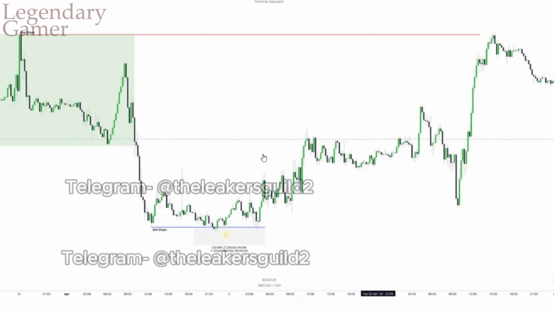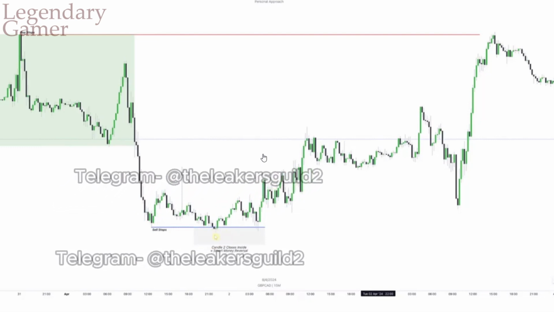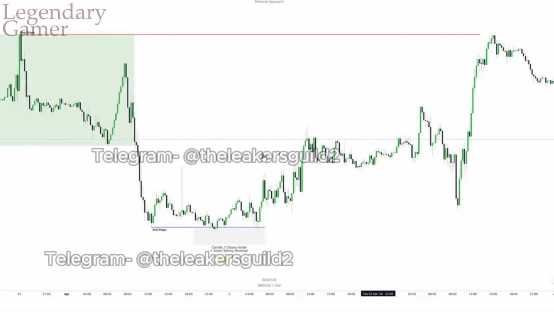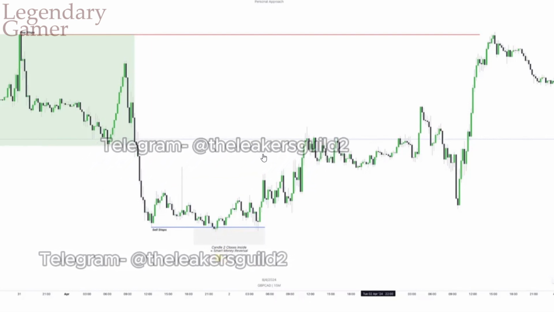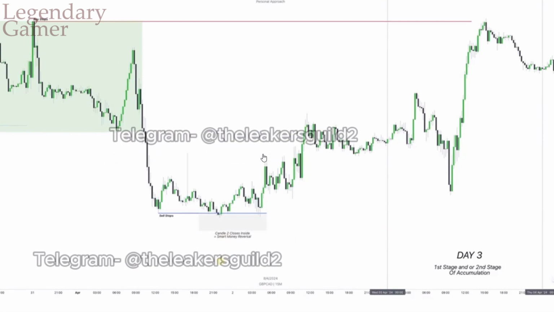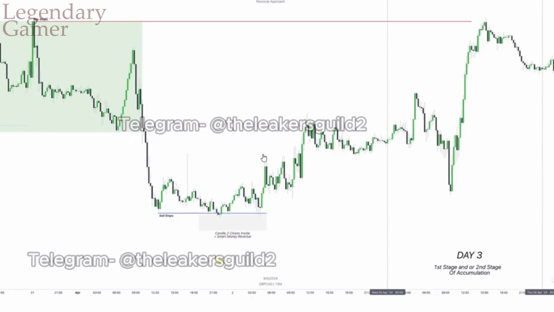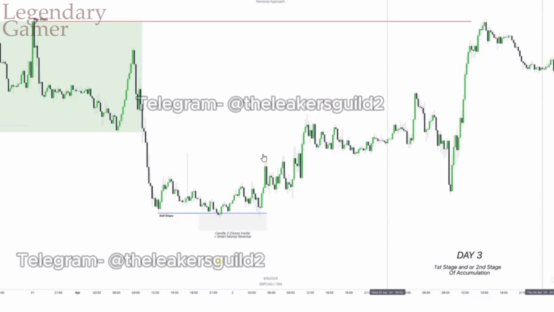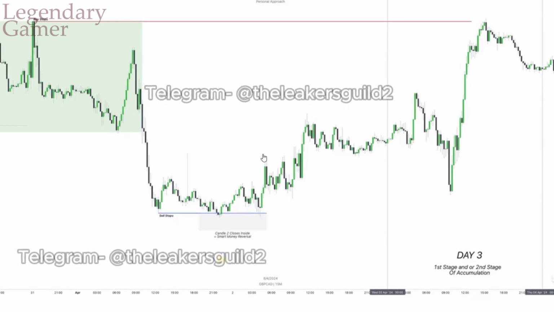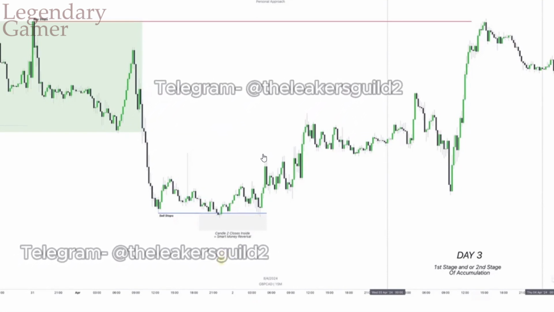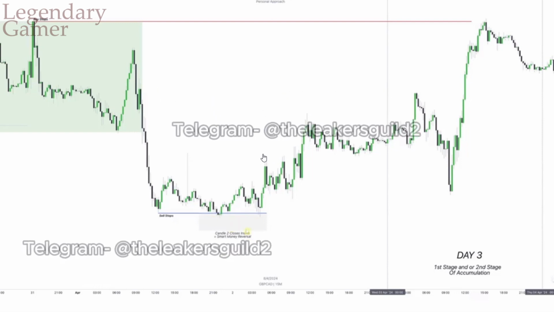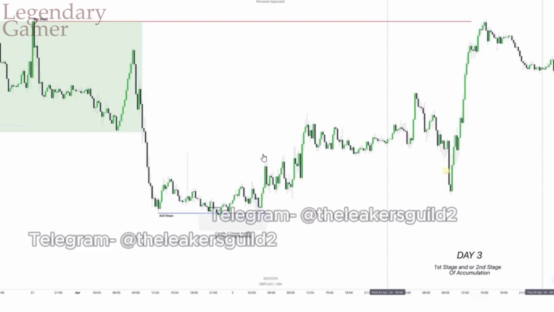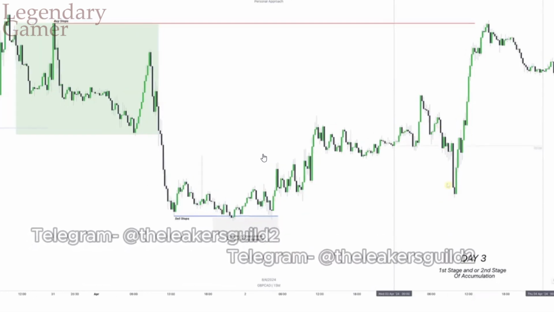The second candle in the swing low, which takes out sell side liquidity, which is the start of buy side of the curve, where this is where the smart money reversal happens. So after that smart money reversal happens, right, we want to focus on day number 3, which is either first stage and or second stage of accumulation for buy side of the curve. So importantly, right, we wait for the second candle to close inside of the range, and then we focus on the third day.